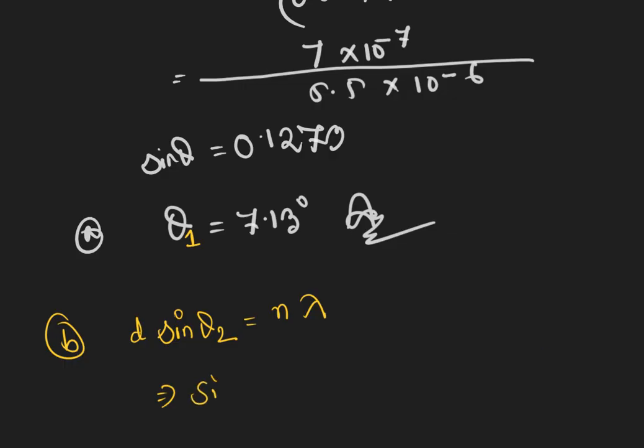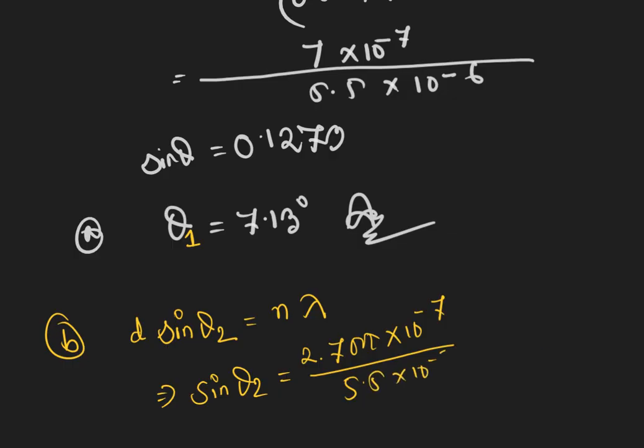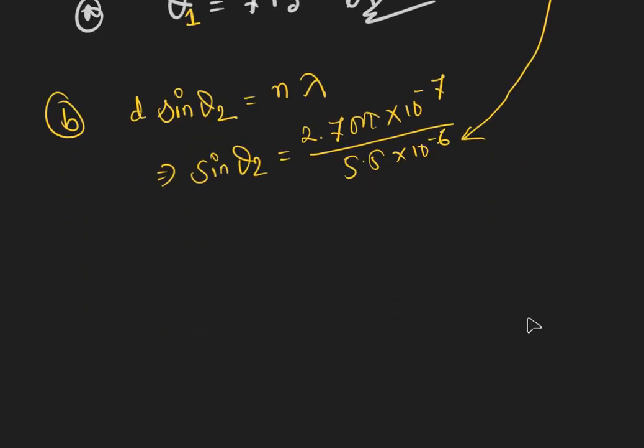So sine theta 2 is equal to n, as it is second order, so it will be 2, and lambda as usual 7,000 into 10 to the power minus 7, and of course d is nothing but 5.5 into 10 to the power minus 6, because it won't change anyway.